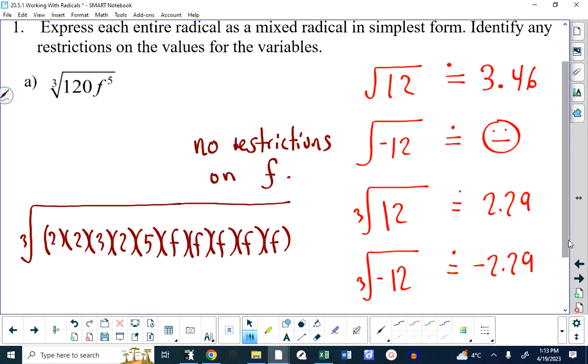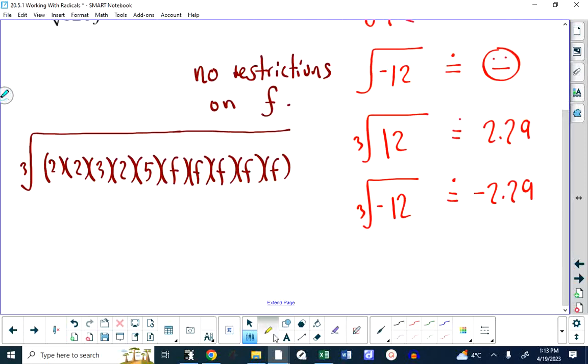And this is the part that you're not going to like doing, so you want to try to get a way around it. F to the 5 means f times f times f times f times f. So since it's a cube root, we are looking for items that occur as a group of 3 factors.